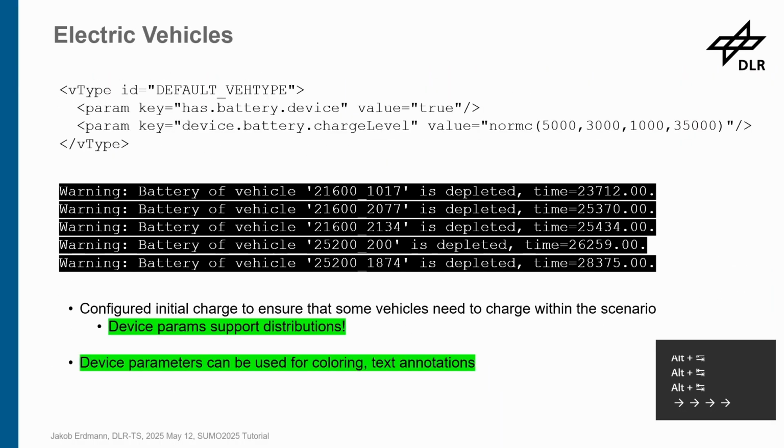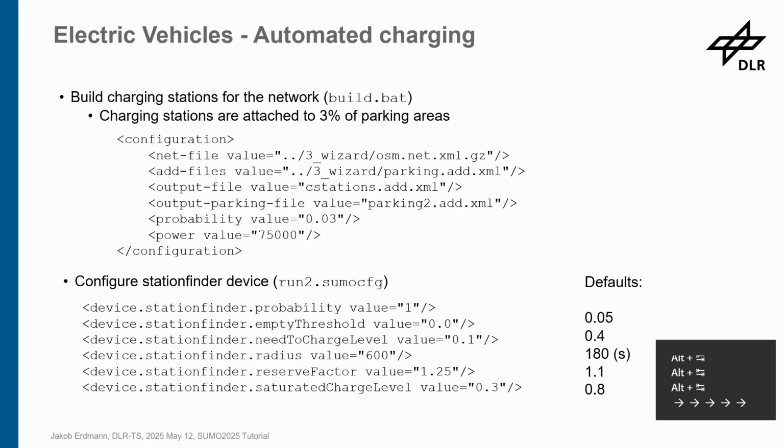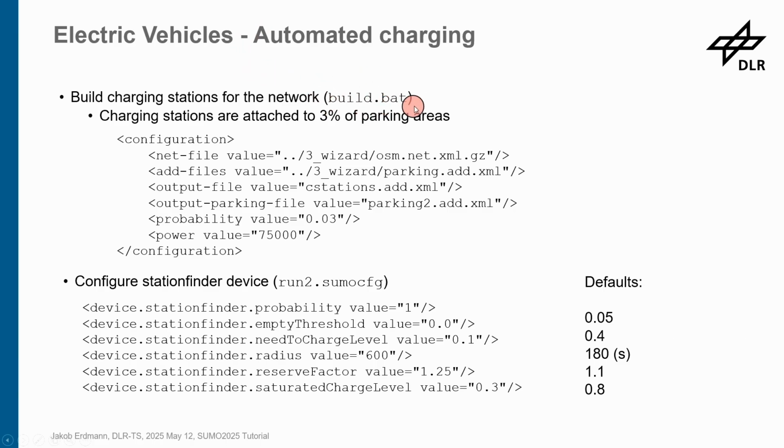But that's not enough. We need places to charge. For this, we do have a tool. It's called Distribute Charging Stations, and you can find the script that calls this tool in the tutorial folder, number 5. But I'll just go with you over the configuration for this tool. So of course it needs a network.